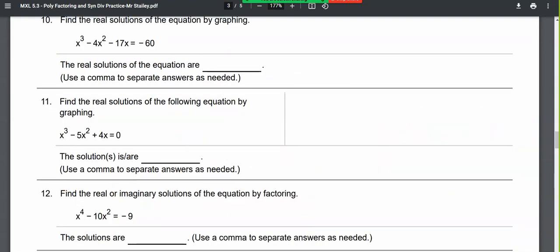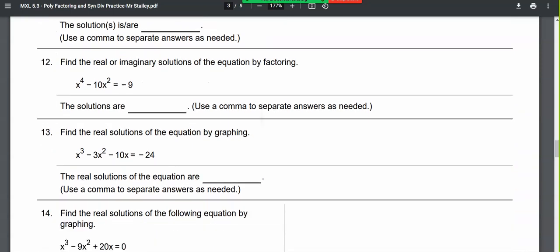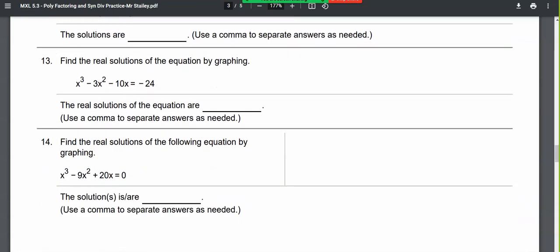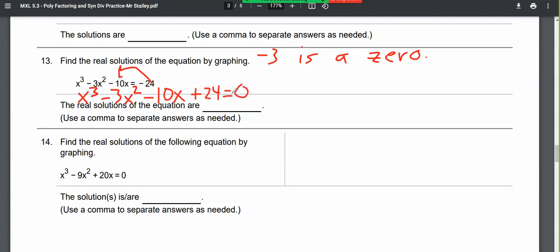All right, I want to jump down to question 13 for some more practice. Okay, so the hint that you're given here is -3 is a 0. First start by moving that over to the other side. So we have x cubed minus 3x squared minus 10x plus 24. Remember, you have to move that constant over before you do any of this.